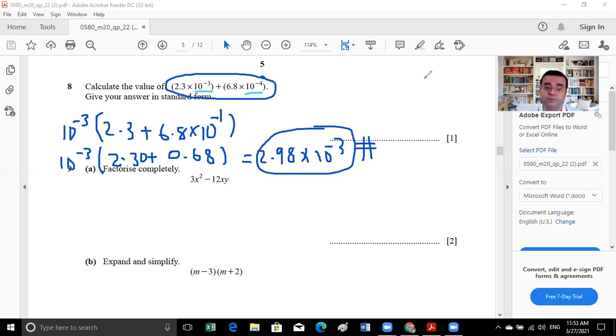Okay. Just make sure, because this one can be found by calculator, correct? And what's the answer in your calculator? What do you get? You get 298 times, correct? 2.98 times 10 to the power minus 3.